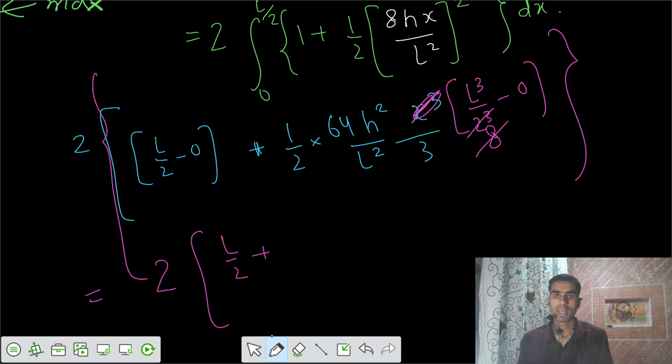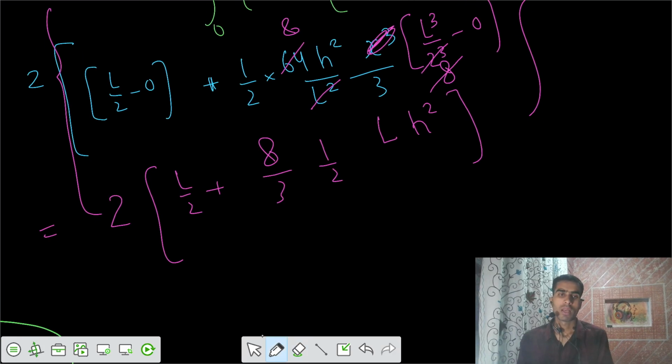This is 8. 8 1s are 8, 8s are 64. And can I get something cancelled here? Now I can write 8 by 3, 1 by 2, L cube. This is L cube, this is L square and L cube. So finally L and h square. We got only this part now.